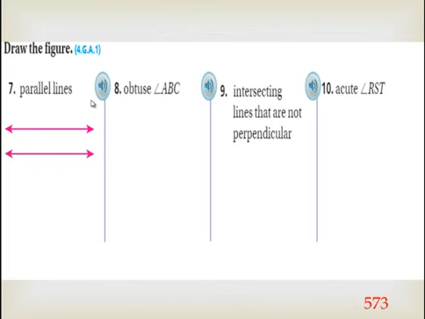How can you put its letters? Yes, like this, an obtuse angle. Do you know how you could draw two intersecting lines that are not perpendicular? Yes, it's like the X letter. Look, great job. To draw acute angle RST.